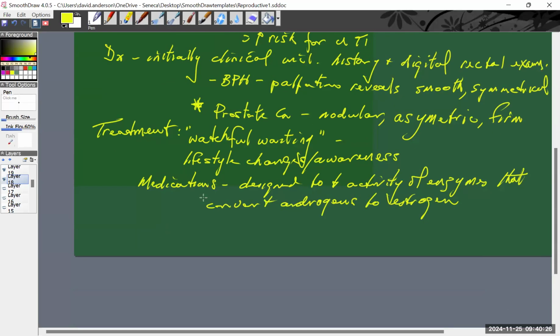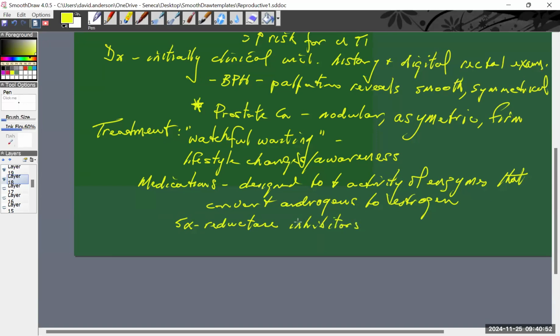So one of the enzymes that is a known converter of androgens to estrogen is called 5-alpha reductase. That's the enzyme. So the medication is an inhibitor.